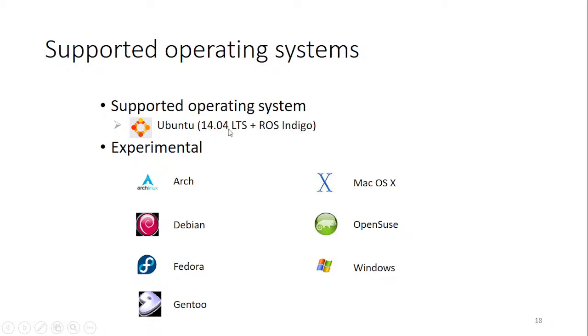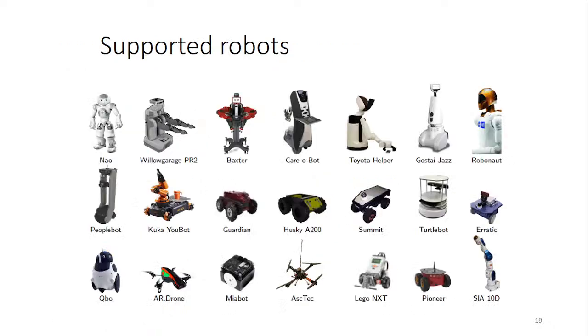So we can use Ubuntu 22 LTS to implement ROS, and we can use the latest ROS distribution in that. Also Arch Linux, Debian, Fedora, Gentoo, Mac OS X, OpenSUSE, and Windows. All these operating systems can be used for implementing ROS, the Robot Operating System.